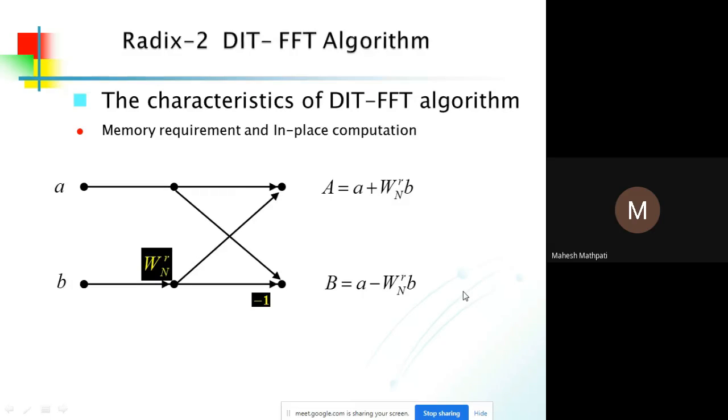Since capital A, capital B, or small a, small b are complex numbers, they need two memory locations each.